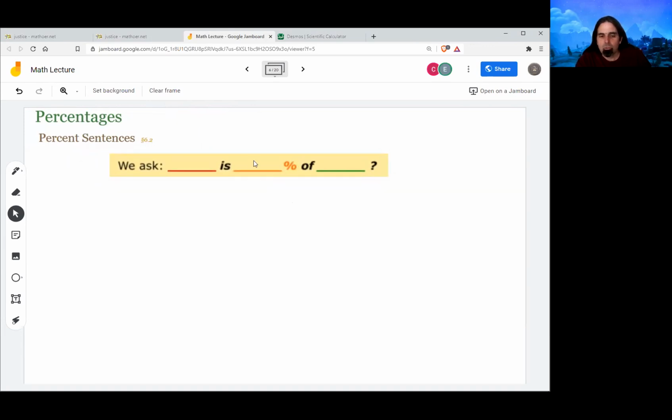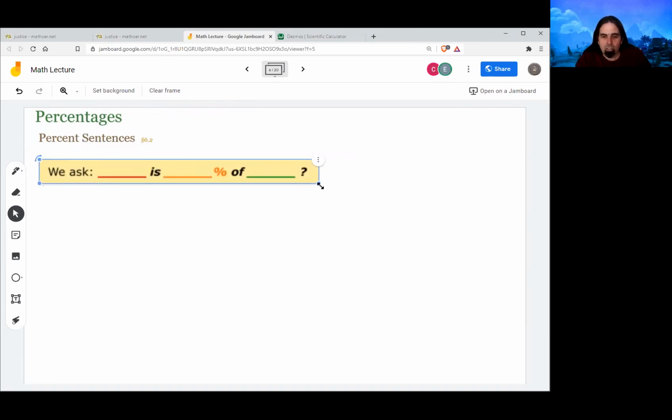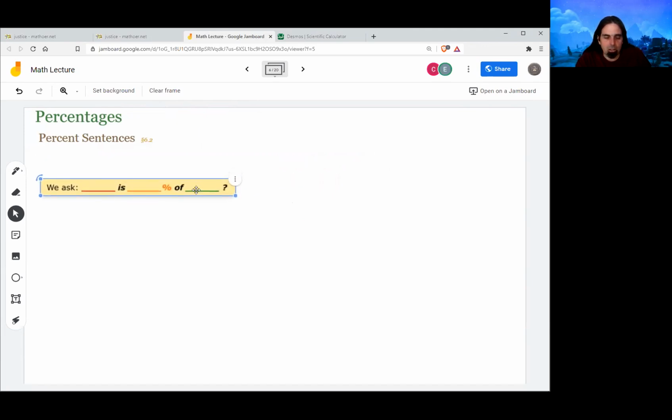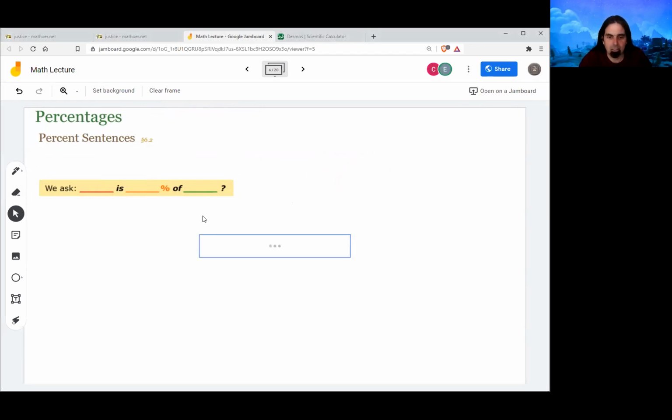So we're going to use that and translate from it. One of the things we did was the translate method. We also had the proportion method.